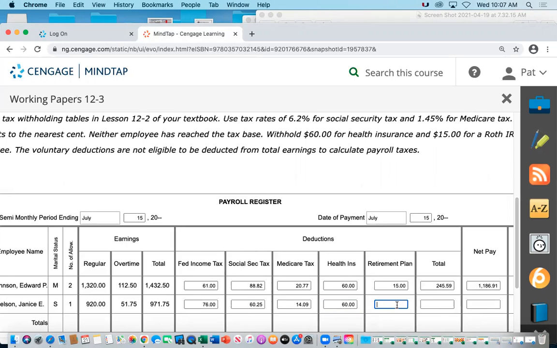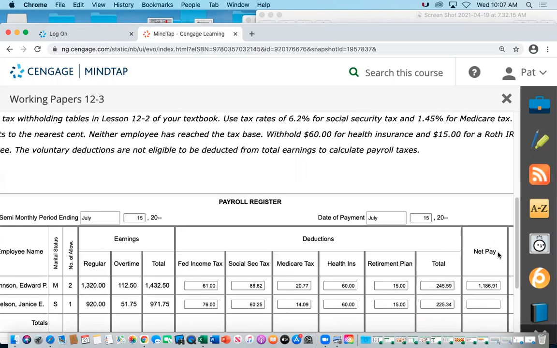Again, health insurance and retirement are equal, they say. Both people withhold 60 and 15, so we write those numbers down. We need to get a total. We add up all 5: the 3 taxes and the 2 deductions, and we get $225.34.